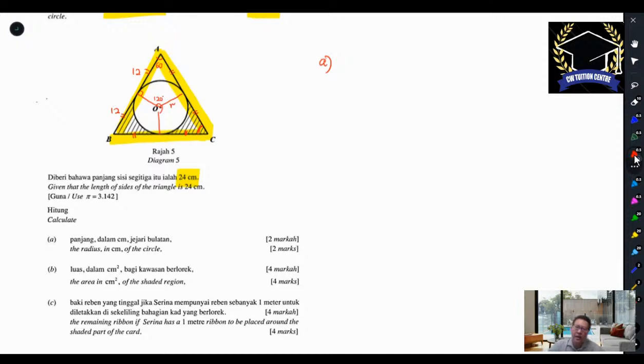What can you see? I could see this triangle. 60 divided by 2, that is 30 degrees, 90 degrees, and this is the radius, this is the 12. So I can see this. 30 degrees is actually pi over 6. Tangent pi over 6 equals R over 12.